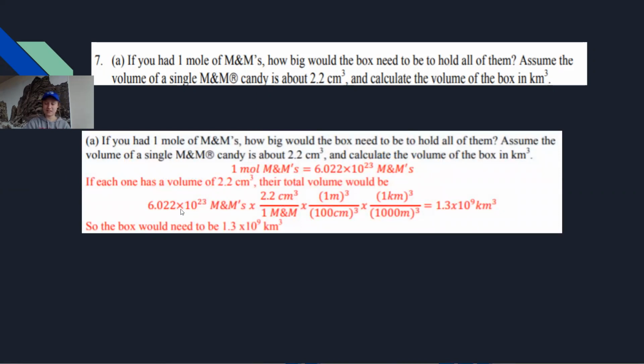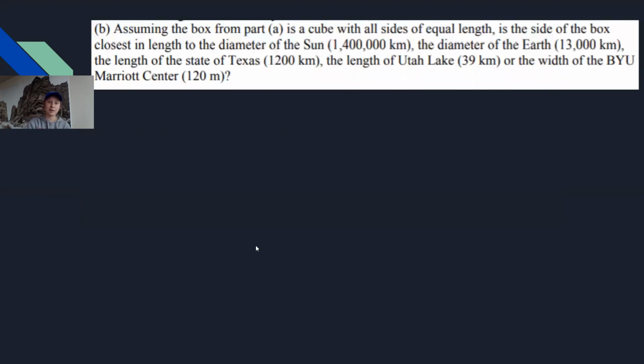So we've got this, and we've got to multiply it by the size of the M&M, and then it tells us how much space the M&Ms will take up. So it would need to be that big, which is huge.